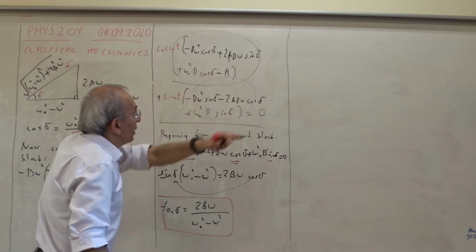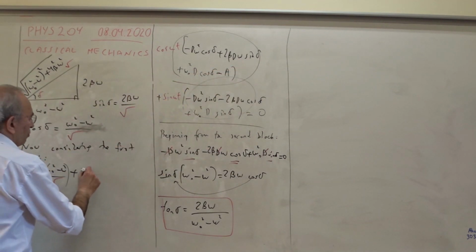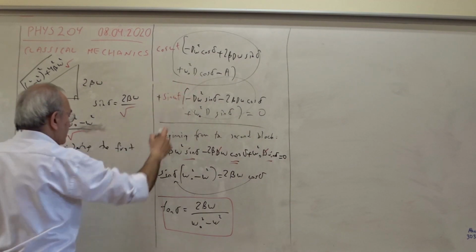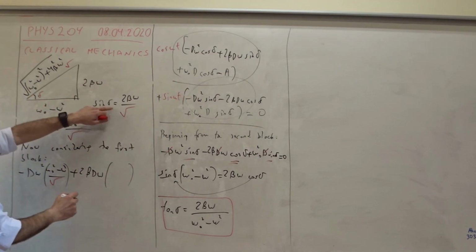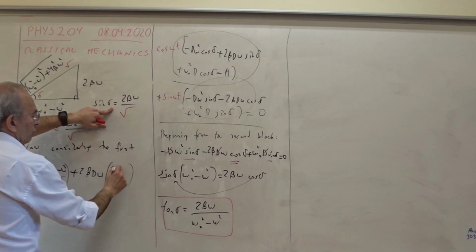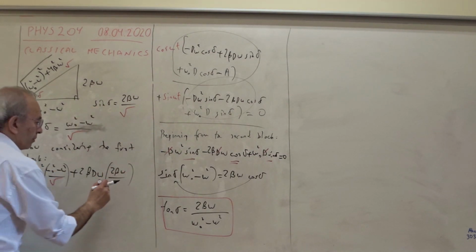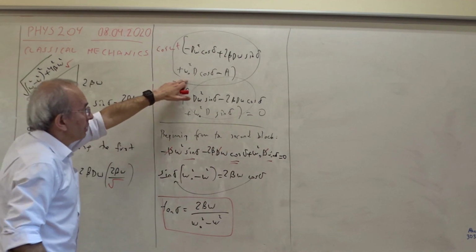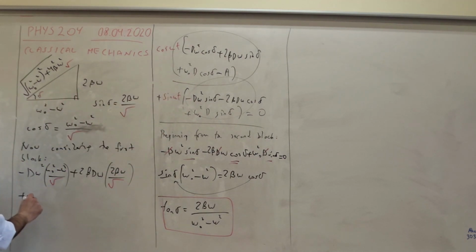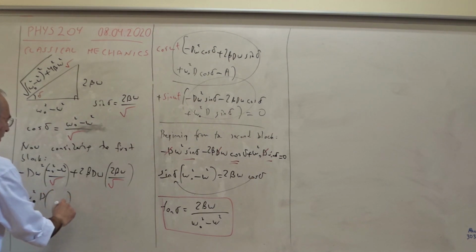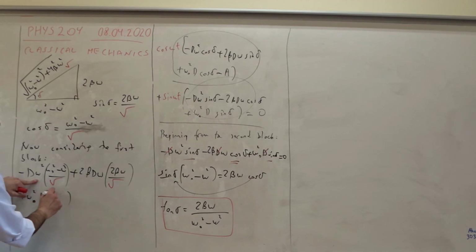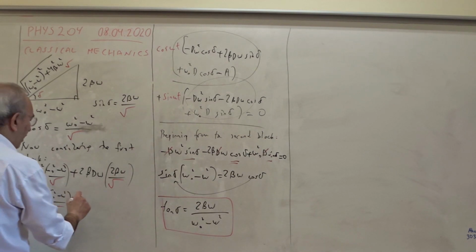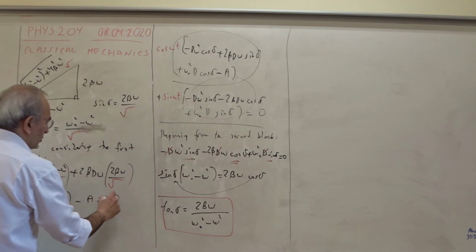Plus 2 beta D omega sine delta, but sine delta from this triangle is 2 beta omega over the root. And we continue. Plus omega 0 squared D cosine delta, which is omega 0 squared minus omega squared over the root, and finally minus A is equal to 0.